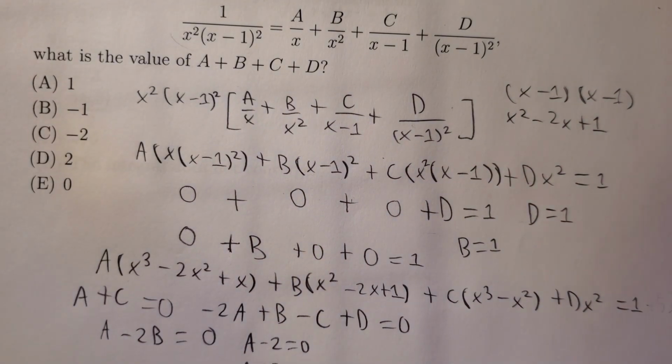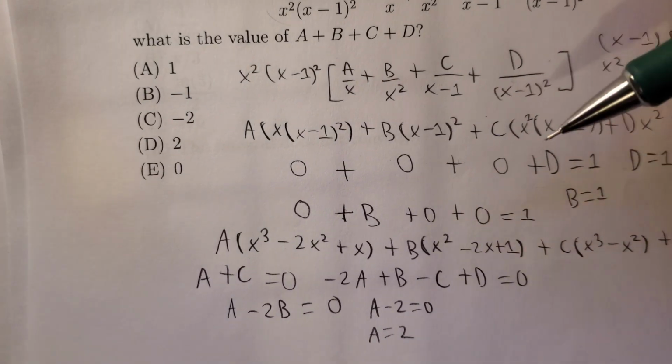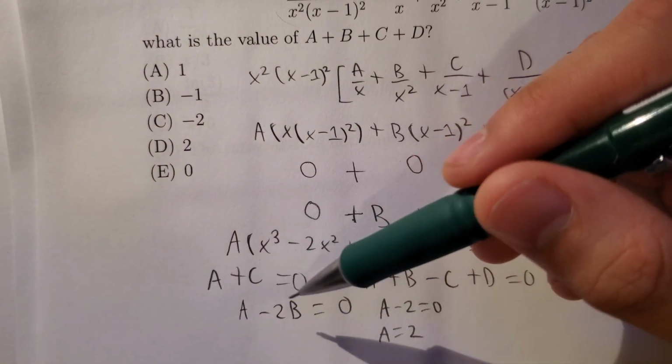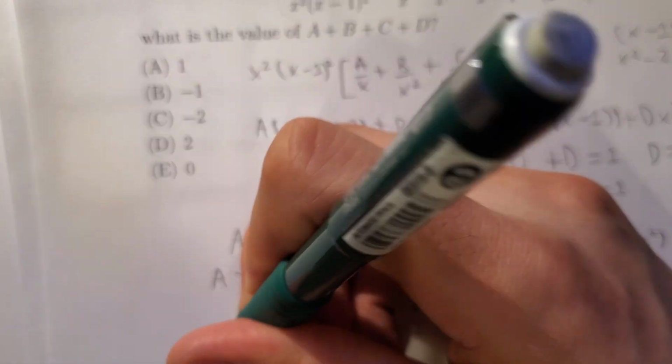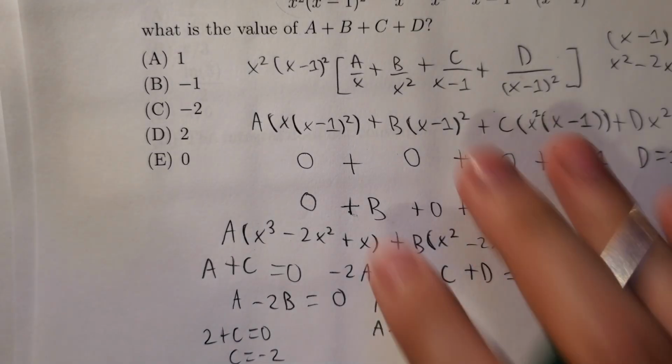And if you want, since we have 3 of the letters, we can just plug them into this a plus c is equal to 0. Since we know that a is equal to 2, we put 2 plus c is equal to 0. We just know that c equals negative 2. So now we have all 4 of the letters.